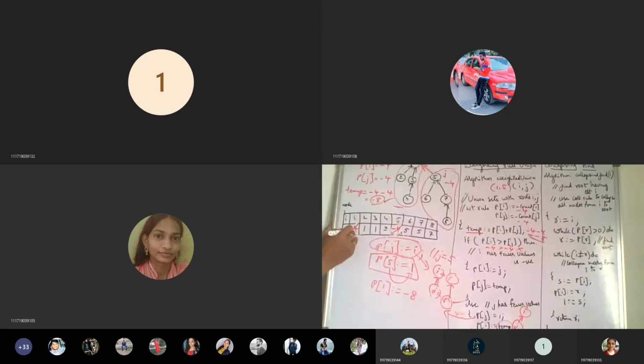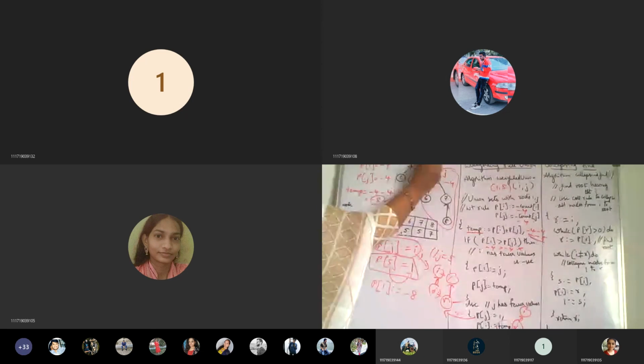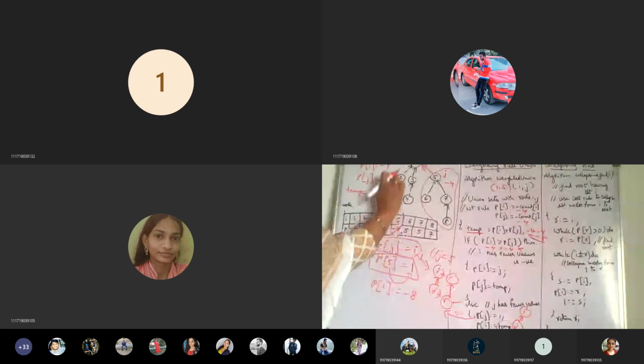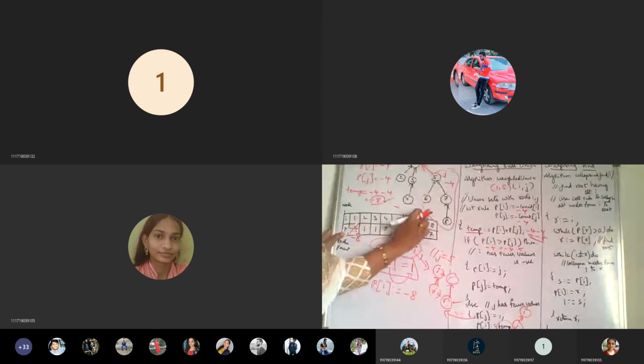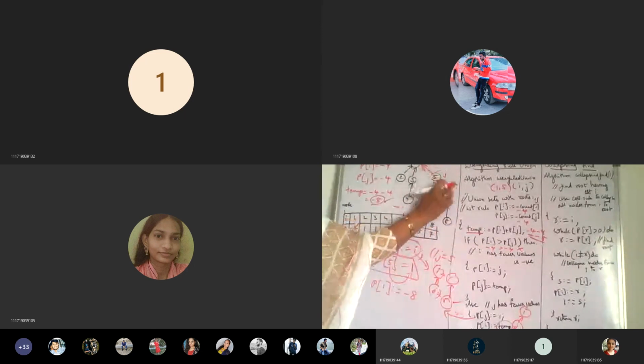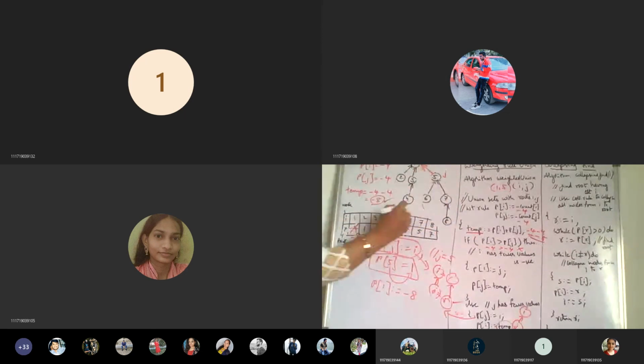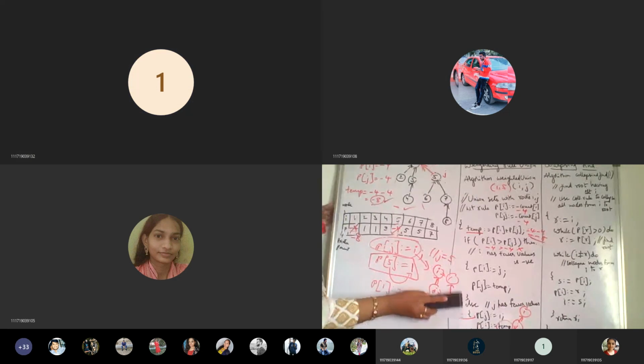So P of 1 will no longer be minus 4; it will be replaced by minus 8. After performing the union of these two disjoint sets, the tree structure will look like this. Is this clear now? Yes, ma'am. Okay, we'll continue with the next one.